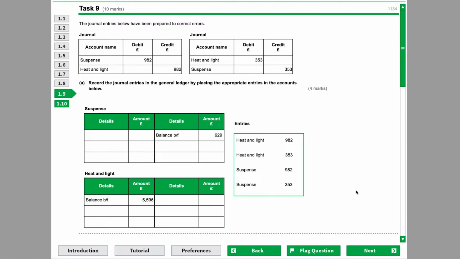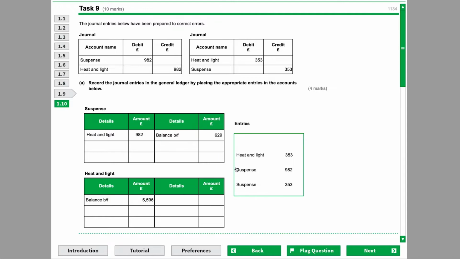With that in mind then, the first entry says suspense debit 982. So we debit the suspense for 982. Okay, it can't be suspense because we are in the suspense account. You can't debit the suspense, which would then go to suspense.